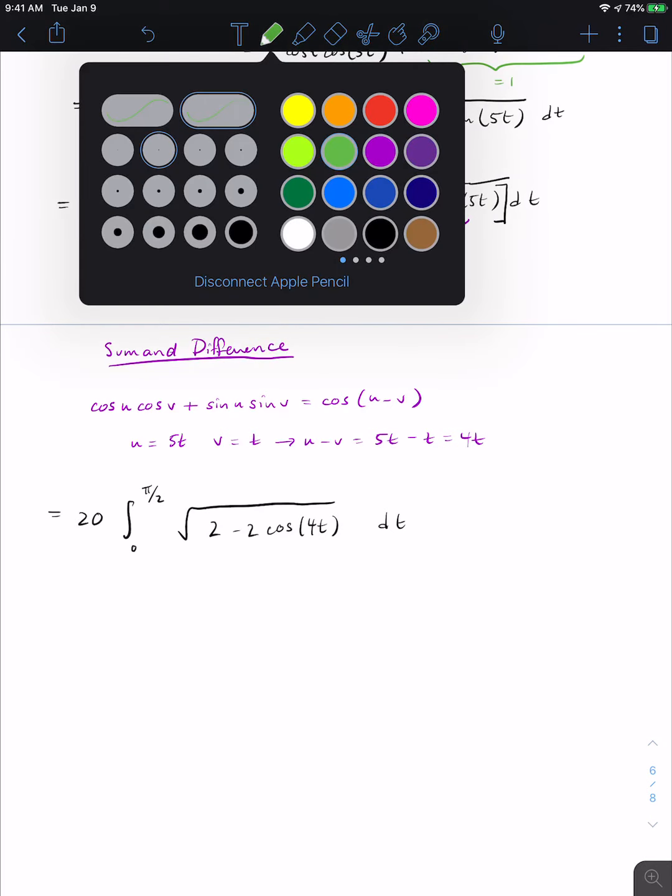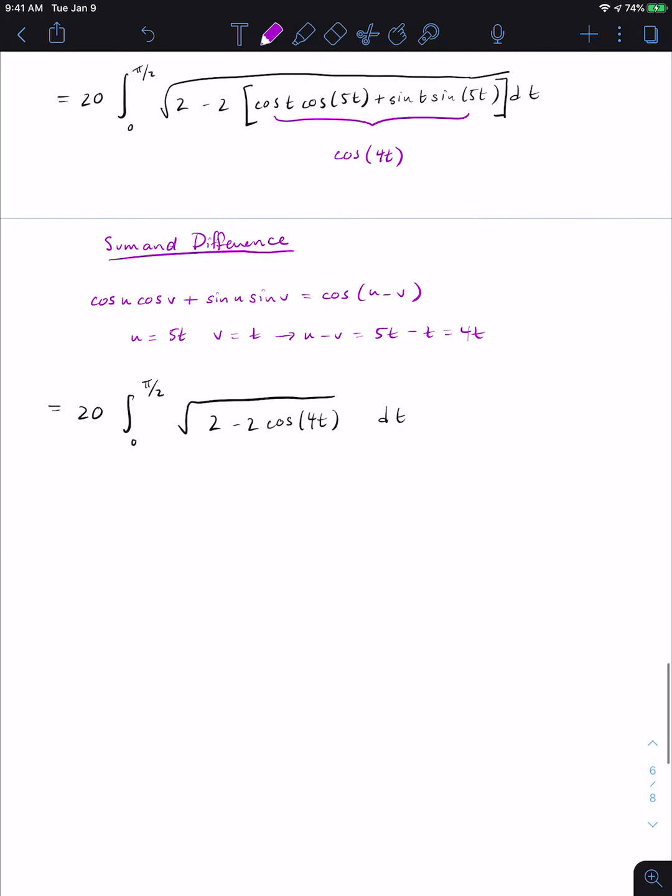This one I have given to you guys before in your little trig identities. This one is the power reducing formulas. So what does this one say? This one says that I can rewrite 1/2 minus 1/2 cosine of 2u as sine squared of u.